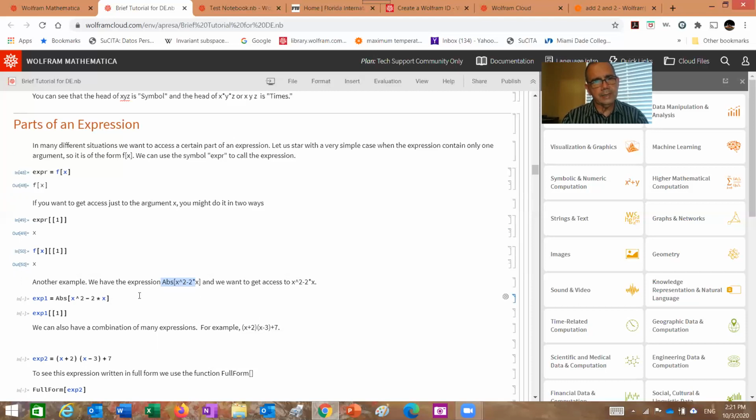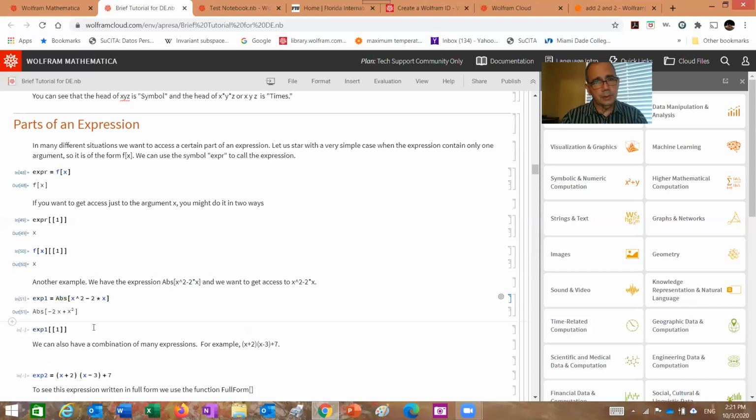Well, first let me define exp1, a new variable that is going to denote the absolute value of that. You put the cursor at any point of this line and then you press Shift Enter, and you get that this is the expression that we are denoting by that.